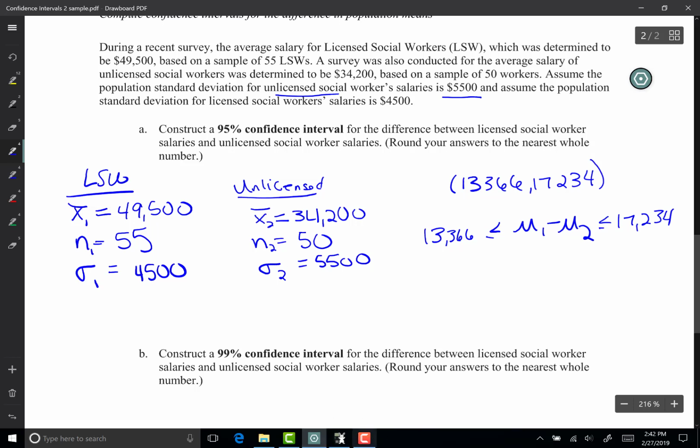Think about that. That's saying if we subtract the population average of licensed minus unlicensed, the difference would be between 13,366 and 17,234.